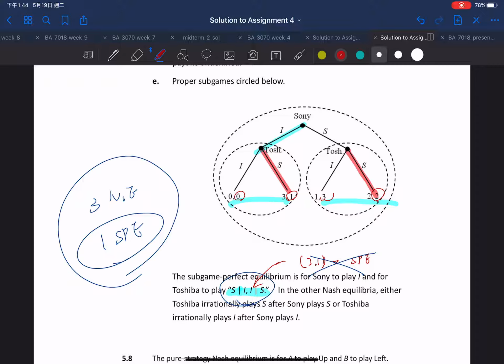So this is a Nash equilibrium, that's true. But in this part, what Toshiba does is non-credible, meaning it's irrational for Toshiba to play S because he could have won 3 instead of 2. Okay, that's just one example. The other one goes with the same logic.